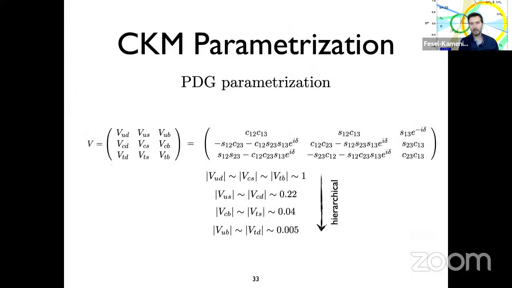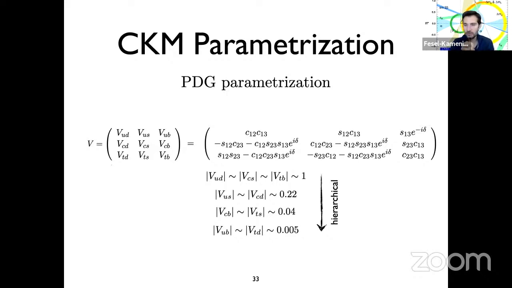Here I've written out the CKM in a particular parameterization, which is not the Wolfenstein parameterization, but the so-called PDG parameterization, which is manifestly written in terms of 3 CKM angles, where the C's and the S's are the cosines and the sines of the corresponding angles, and a single phase, here denoted with delta.